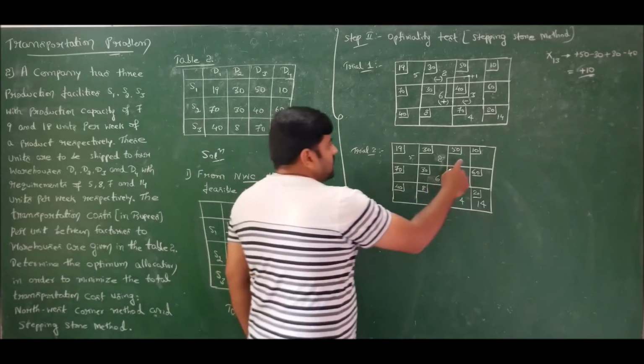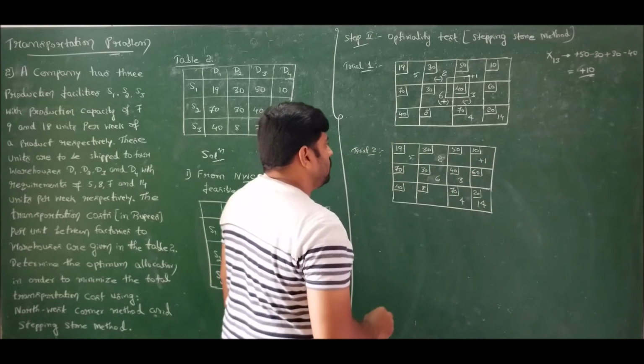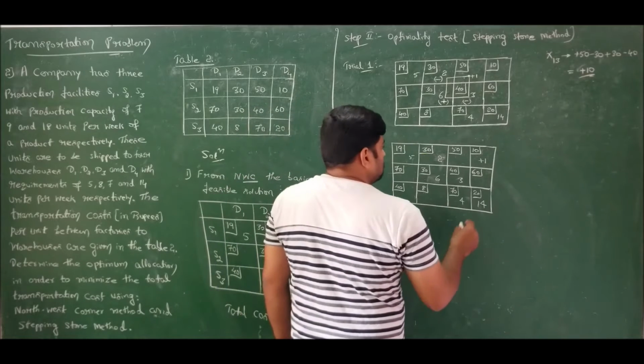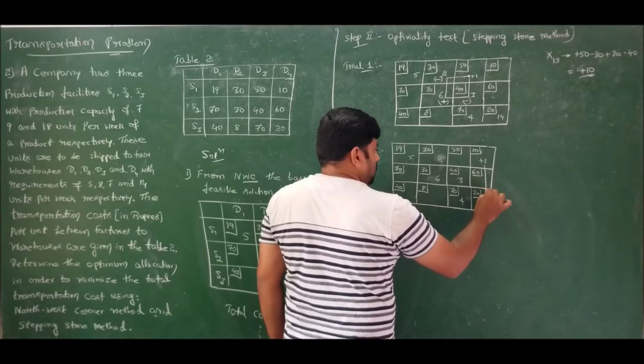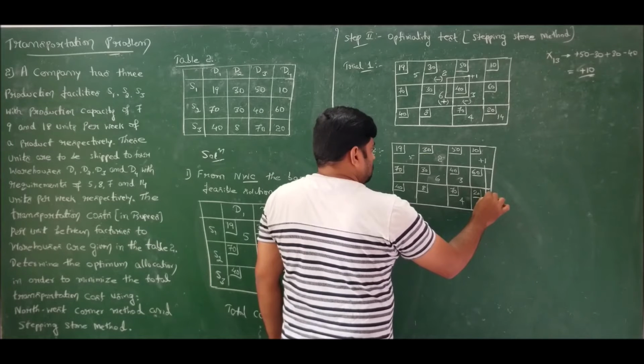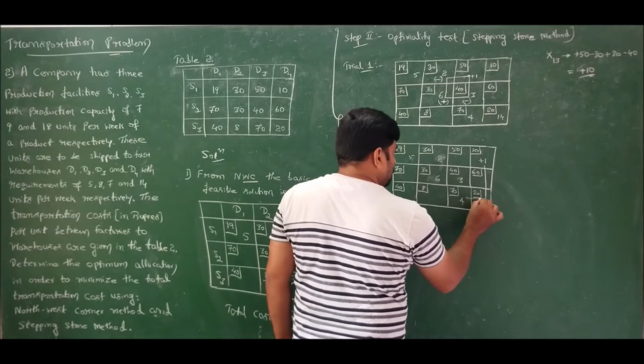So since we have checked this one, next go for the unallocated cell, give +1, I'll go for x14, now form a loop. So I can't go here because no allocation, so from here I'll go here, and then I'll go like this. So I should always go with allocations, keep that in mind.